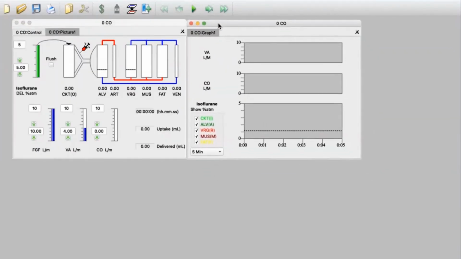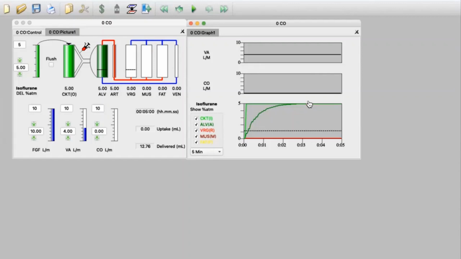What we see is a very simple curve, a curve that goes up rapidly at first and slowly thereafter. This is an exponential curve. It is the wash-in of drug into the patient's lungs if no cardiac output were taking it away, or if the drug had a zero solubility and was not taken away.